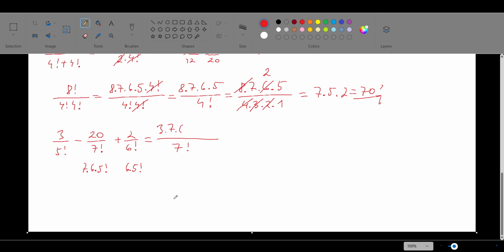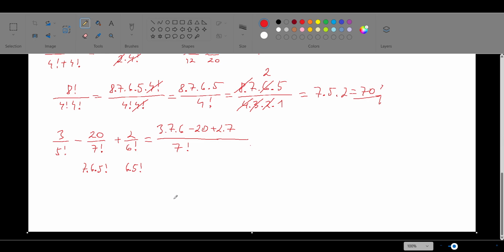So let's do this. 3 times 7 times 6, so this is really my first fraction. Now the second numerator is going to be negative 20, nothing to be multiplied by because 7 factorial is in the denominator, plus 2 times 7, this is it.